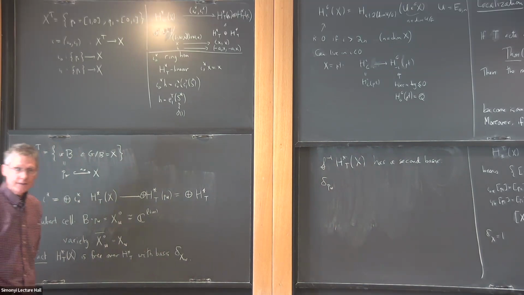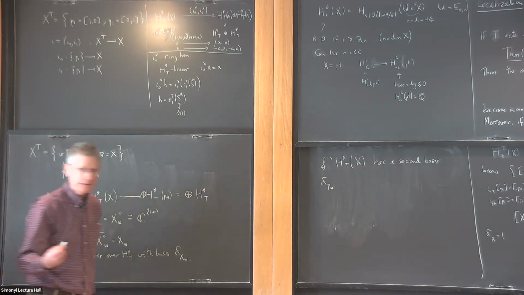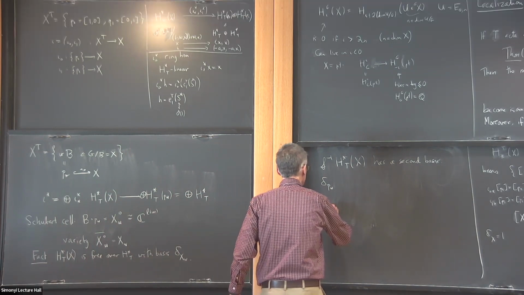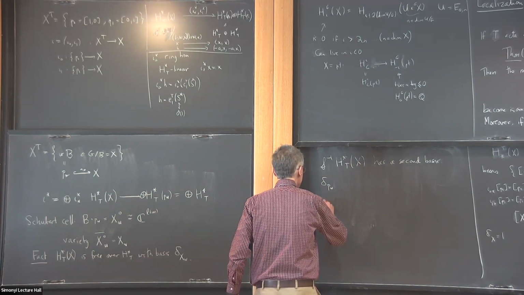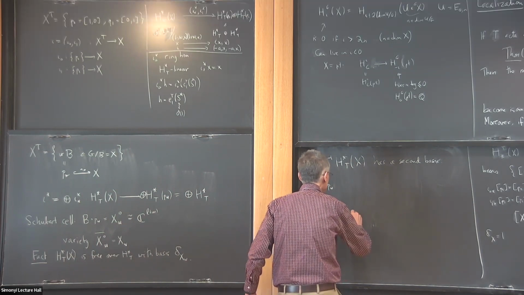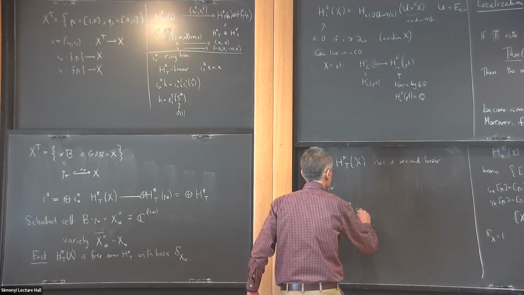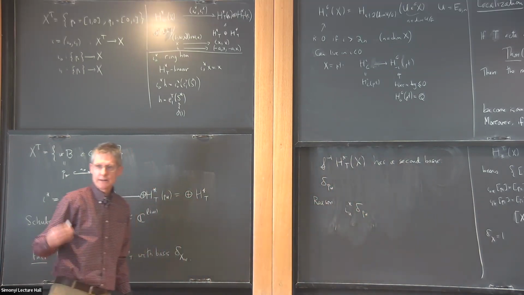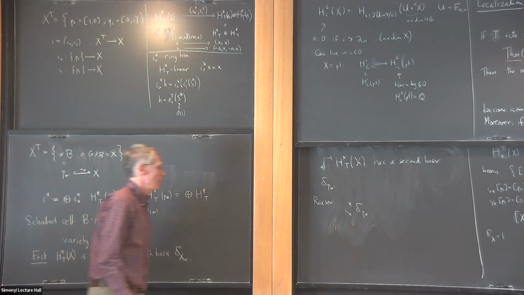Now, why is this a basis? The localization theorem tells us the reason. Suppose I take I_u star of delta of P_w, so I pull this class back via the inclusion to the point P_u.